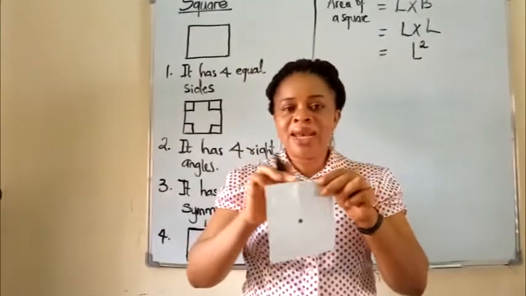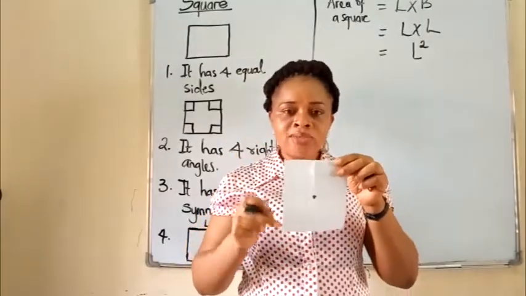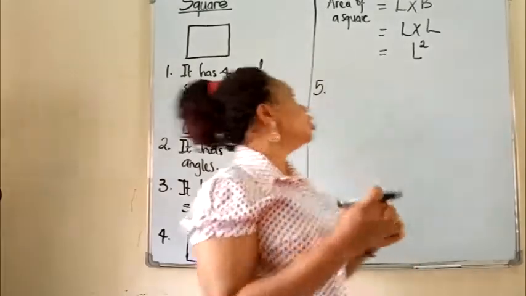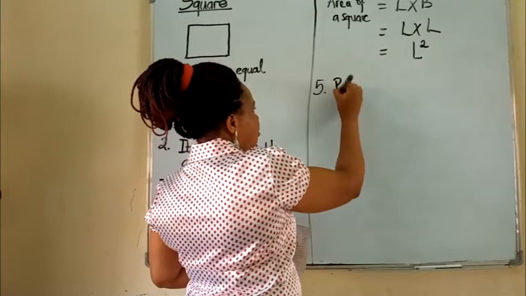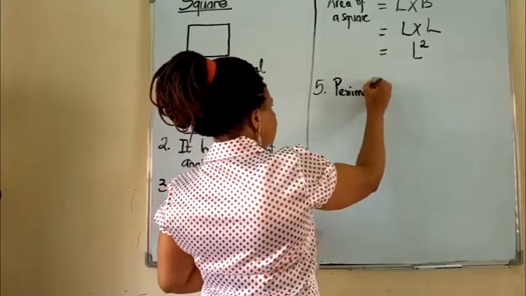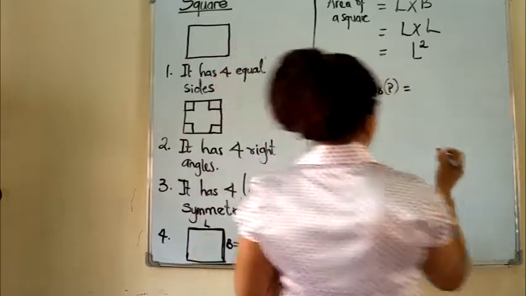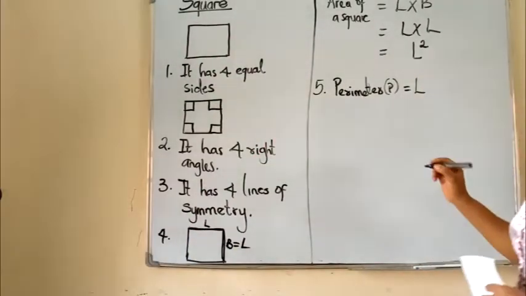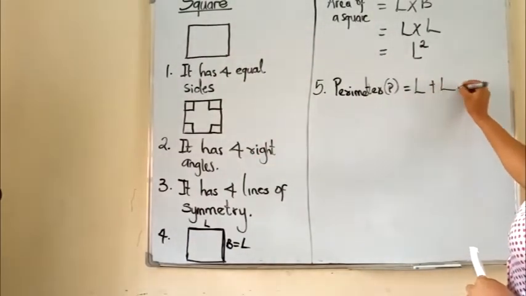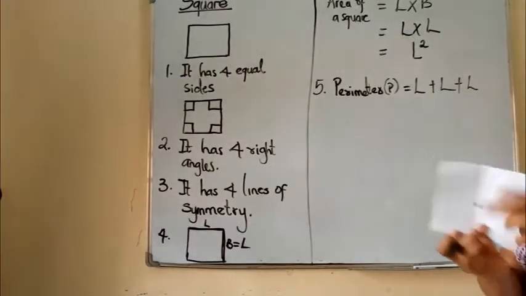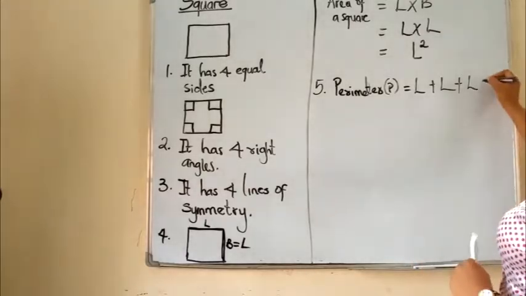So if here is my length, and likewise my breadth is also my length in a square shape, the perimeter P is equal to length plus length plus length plus length.